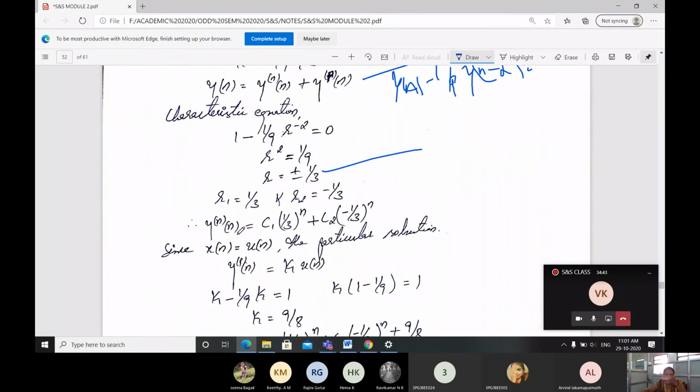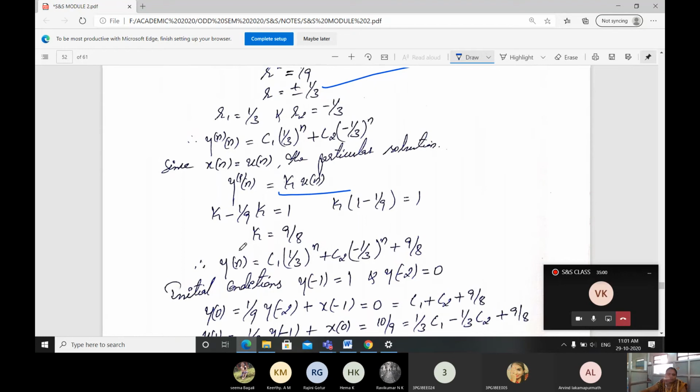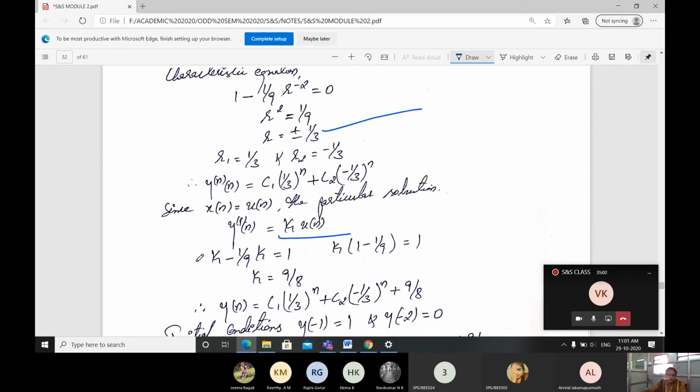Therefore the natural response is going to be C1 (1/3)^n plus C2 (minus 1/3)^n. Since x(n) here is given as u(n), the particular solution is going to be only k times u(n).